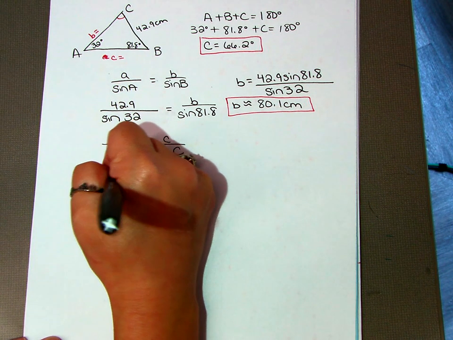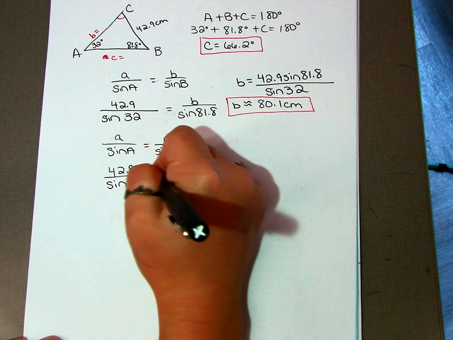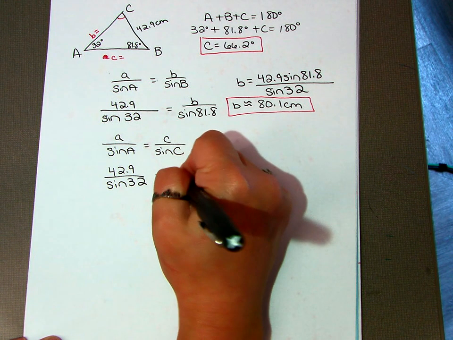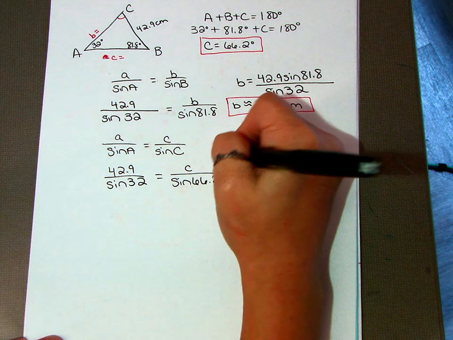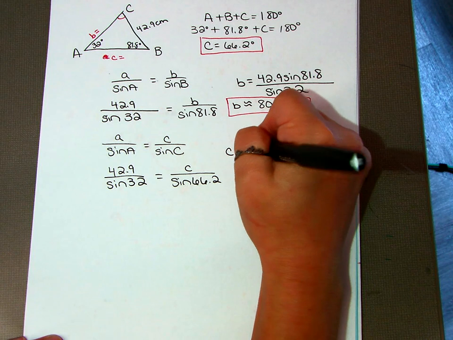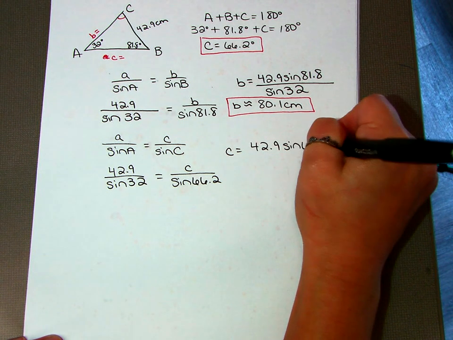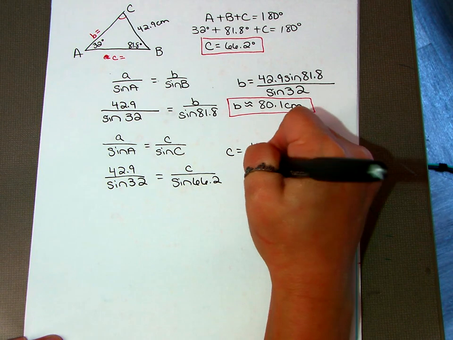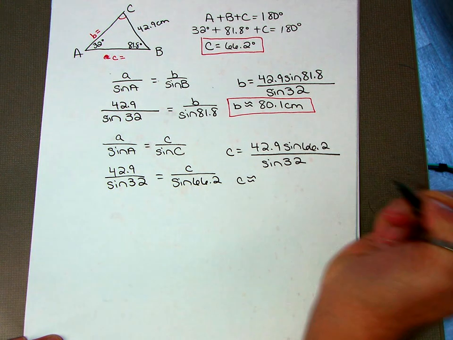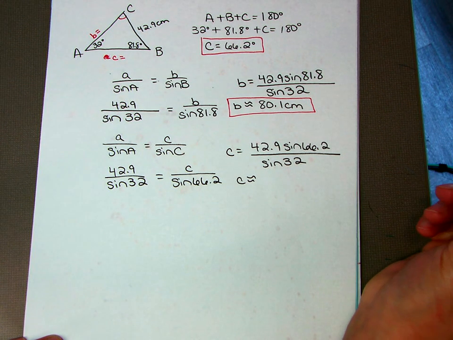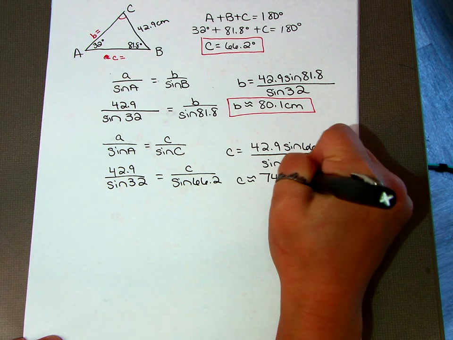So 42.9 over sine 32 equals C over sine of 66.2. So C, excuse me, is 74.1 centimeters.